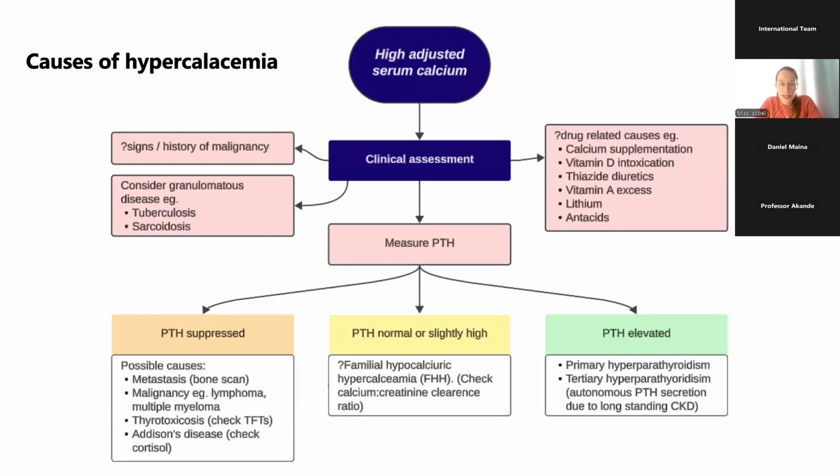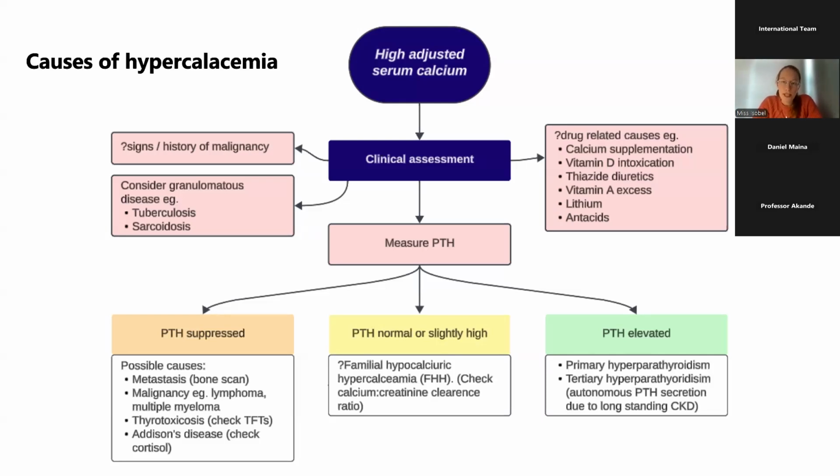A clinical assessment is needed to find out if there's any signs or history of malignancy, because malignancy is a common cause of high serum calcium. It's important to consider granulomatous disease such as tuberculosis and sarcoidosis. And also really important to get a full drug history, including drugs that a patient has bought over the counter, for example.